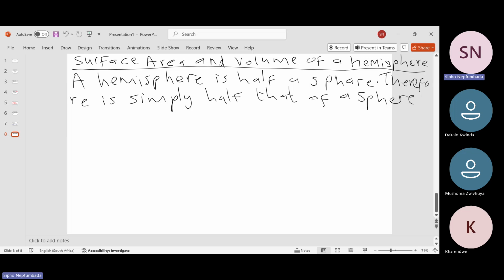So, if the hemisphere is closed or solid, the area of the base pi r squared has to be added. NB. Let me just write it.